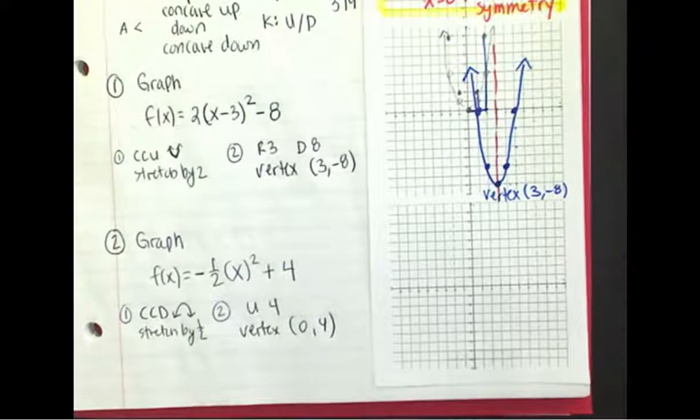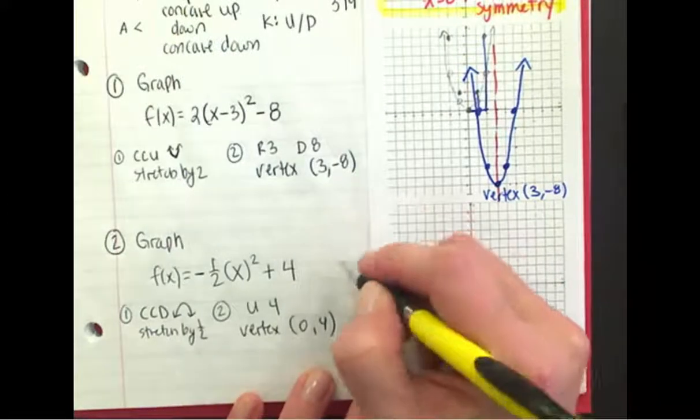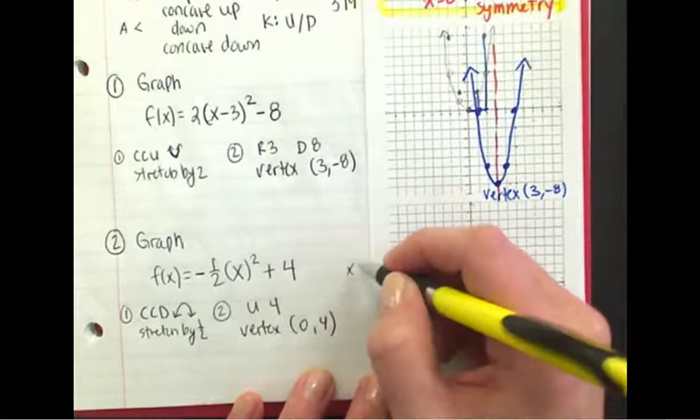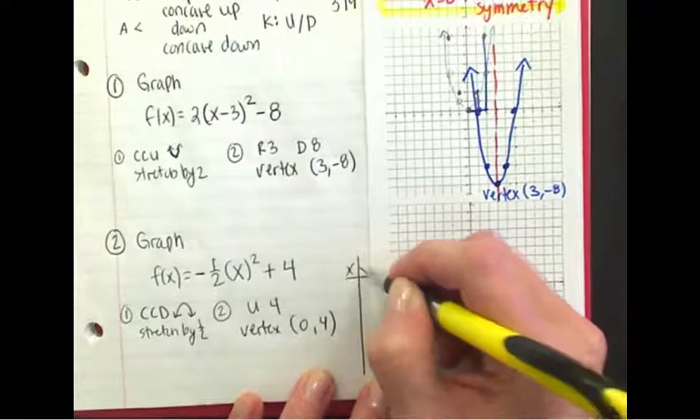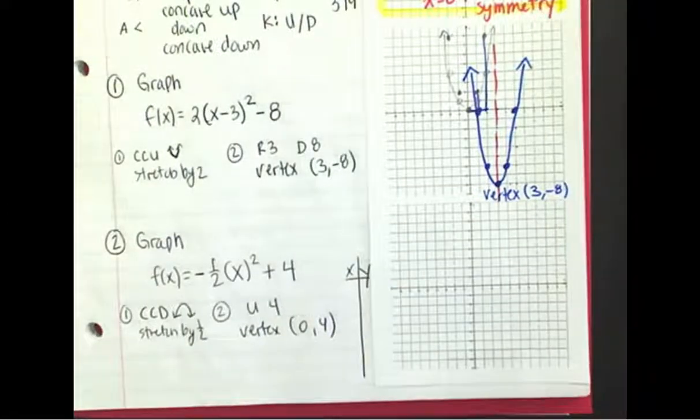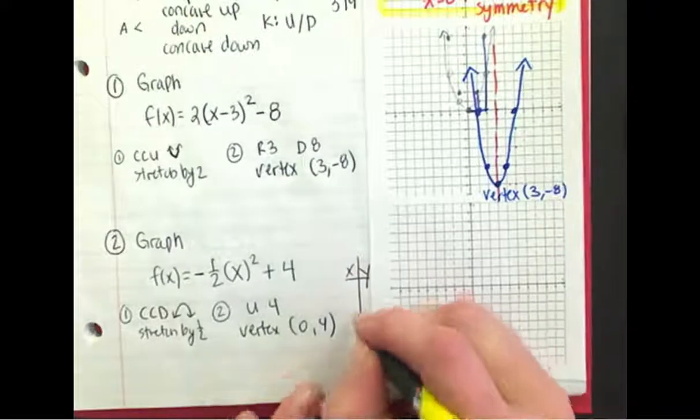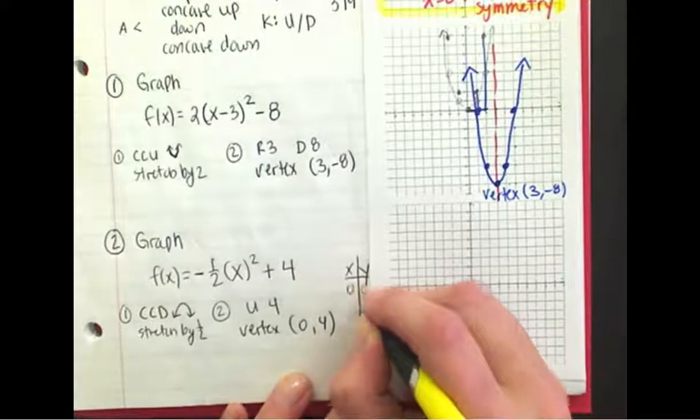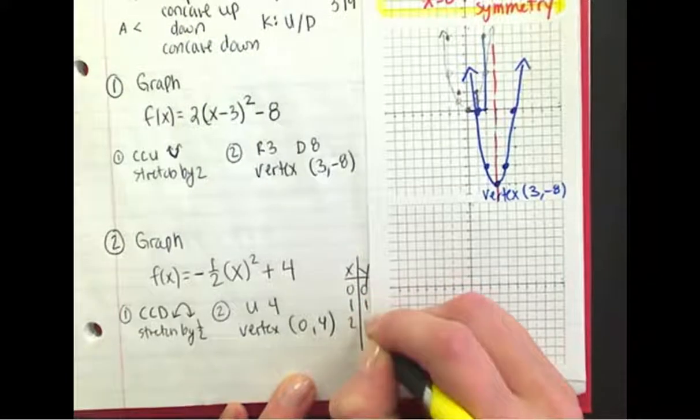Okay, now I could sketch my parent, but I don't really want to draw my parent every time. It gets a little messy. So instead, I'm just going to jot my parent points off to the side. And I'm only actually going to draw the positive points on the parent. (0, 0), (1, 1), (2, 4).